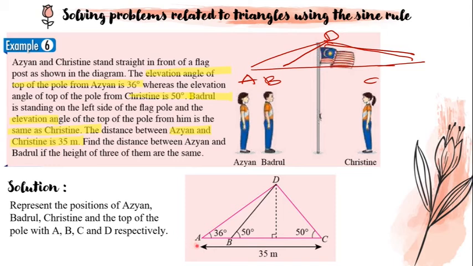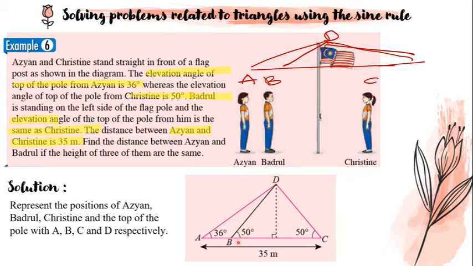A refers to Azian, B Badrul, C Christine. The elevation angle from Christine to the top of the pole is 50 degrees. Badrul is the same as Christine, so the elevation angle is also 50 degrees, and for Azian the elevation angle is 36 degrees. The distance between Azian and Christine is 35 meters.